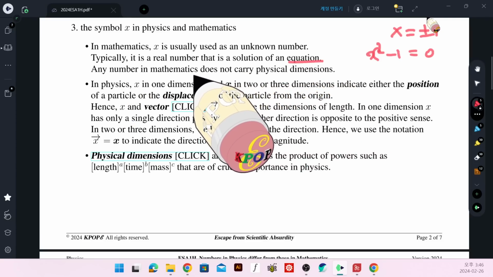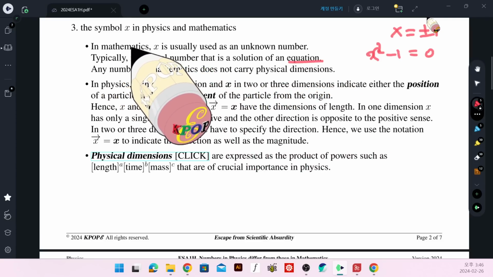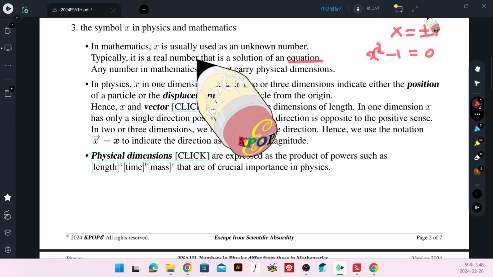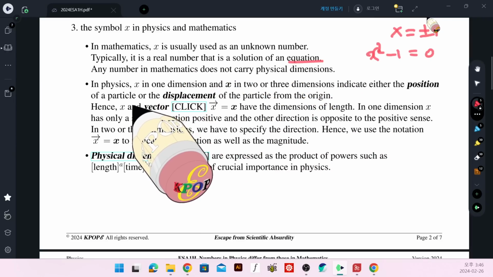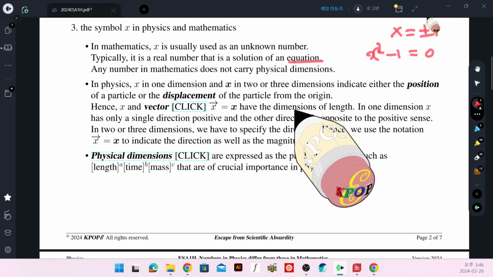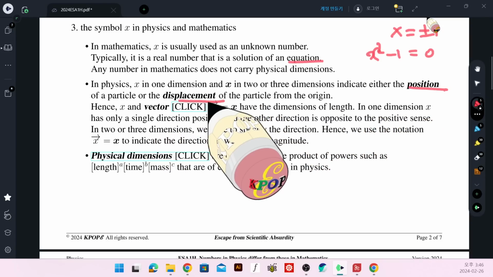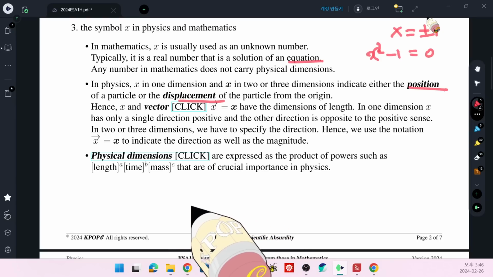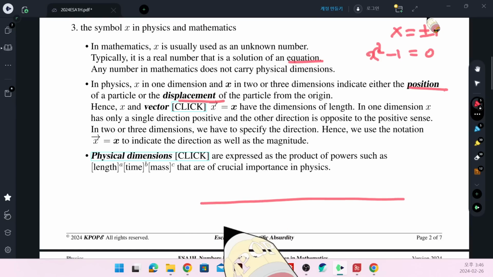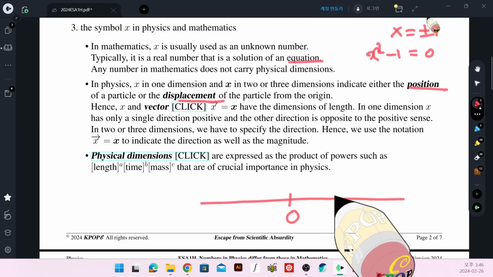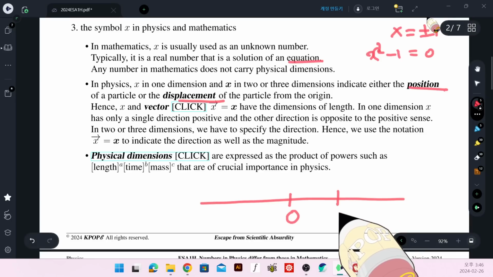in comparison with the x appearing in mathematics as a real number, in physics x stands for the position or displacement. The position is, for example, in the one-dimensional Euclidean space, where we usually introduce a number line, choose a reference point as the origin, standing for number 0, and the unit 1.